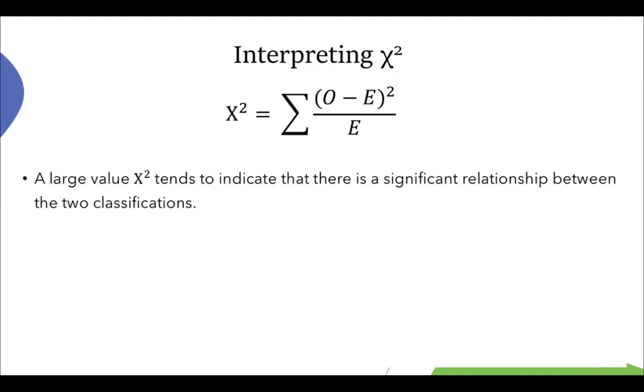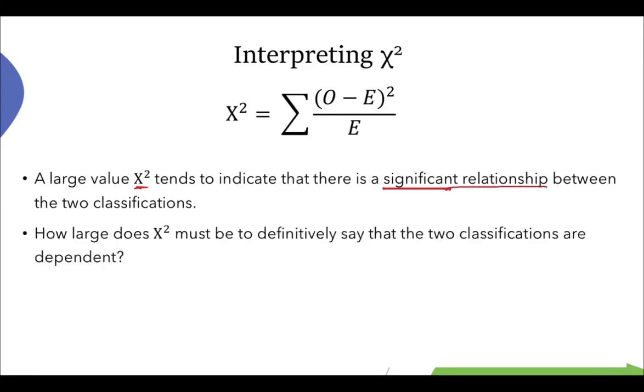Okay, so a large chi-square tends to tell us that not only is there a difference between O and E, but there's a significant difference between O and E. A large chi-square indicates a significant relationship between the two classifications that you're measuring.